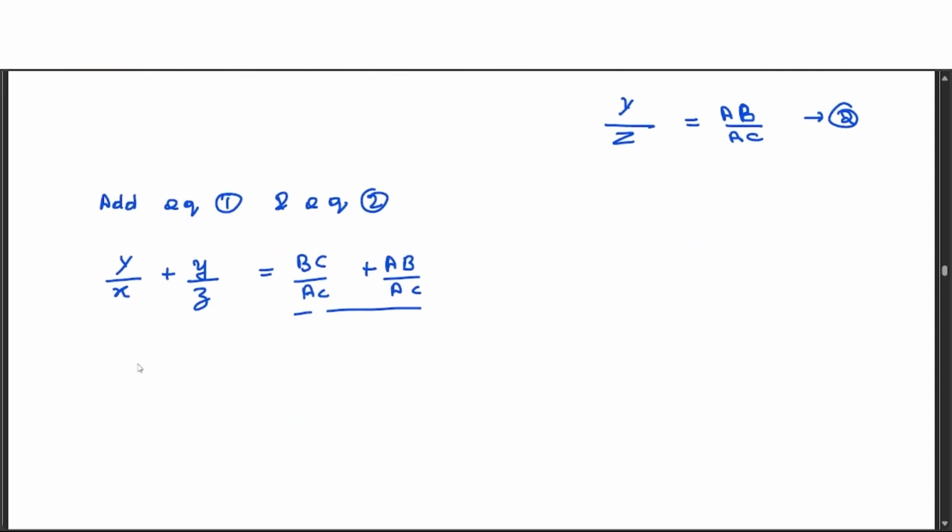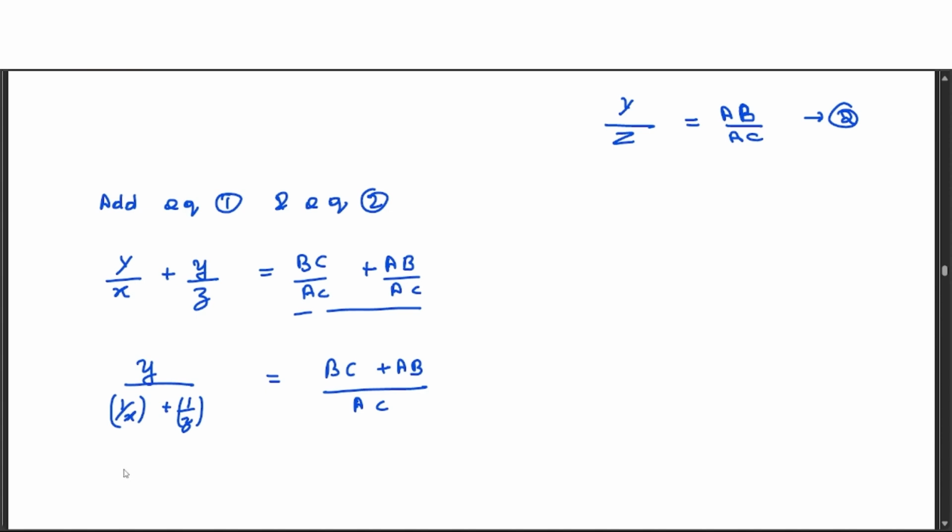So we can say here in a simple way, y times 1 over x, take the LCM, plus 1 over g, and this side you will get BC plus AB over AC. Now after all this, we can just reverse them.